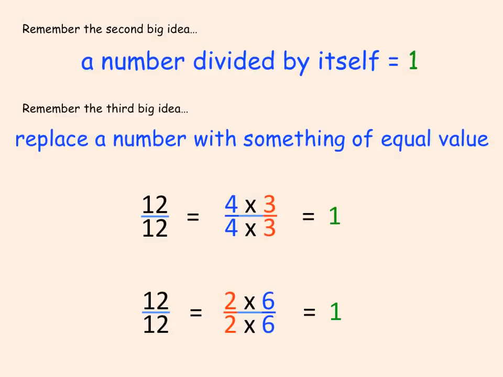Remember the second big idea, a number divided by itself equals 1, and the third big idea, you can replace a number with something of equal value. Here we can see some examples. 12 divided by 12, same thing as 4 times 3 divided by 4 times 3. Either way you look at it, it's 1.